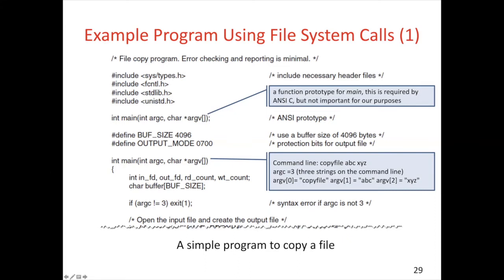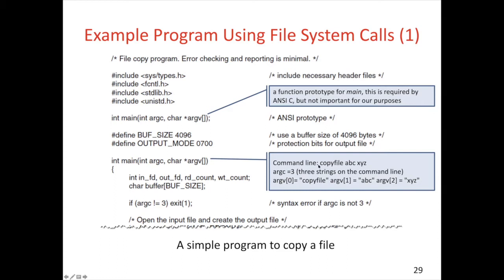This is the line for the start of the main part. Remember that in the command line we have copy file abc xyz. There are 3 strings on the command line. Therefore, argc should be 3. If it is not 3, that means there is an error. From the command line, these strings are read into the array argv.